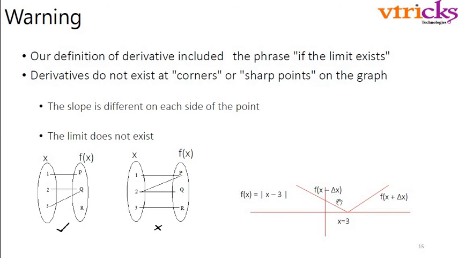Now what happens here? We get a corner point. So when the curve has such corner points or sharp points on the graph, the derivative does not exist here. This is because if you look at the slope of the tangent from this side, this is the slope of a line, it is positive here. The angle which it makes with the x-axis is positive here.